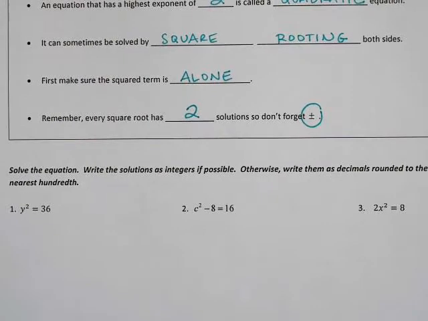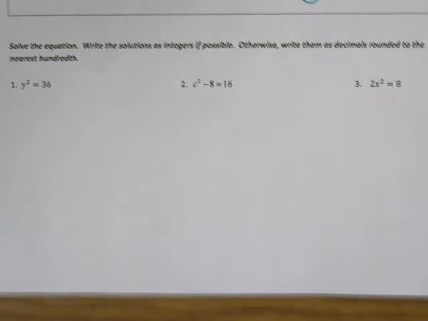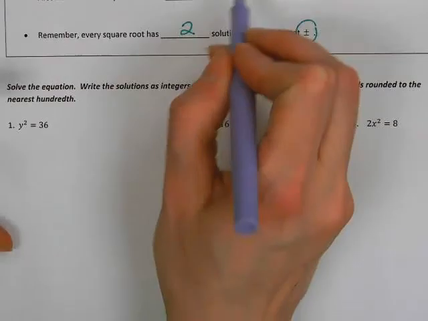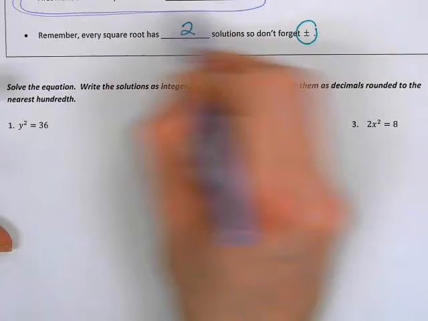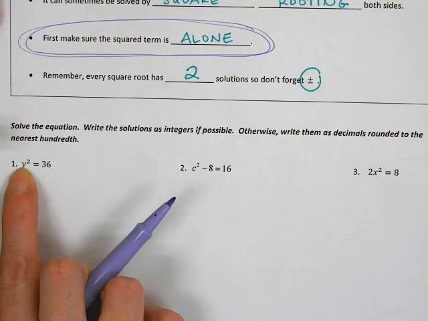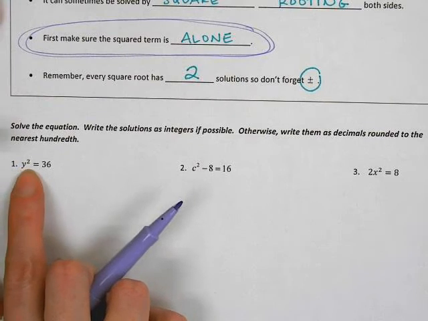All right, guys, let's try some. So solve the equation. Okay, so first thing you want to do is make sure the squared term is alone. And if you look at number 1, it is. Okay, so there's no numbers outside of it. It's alone.